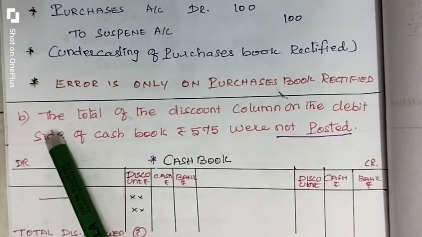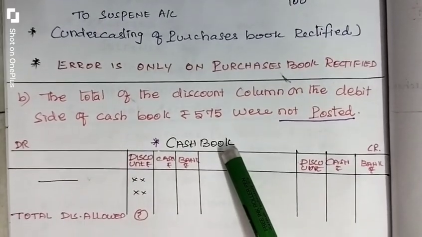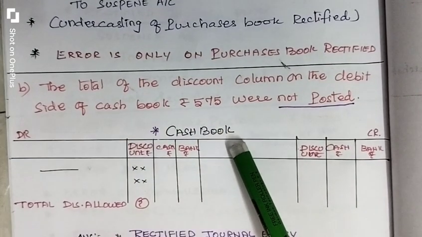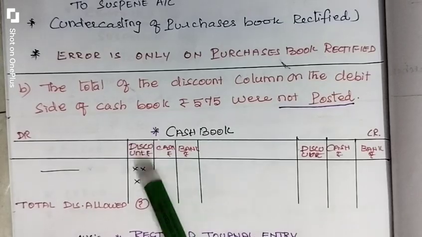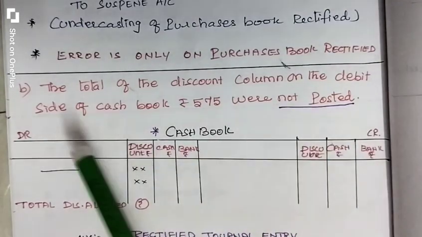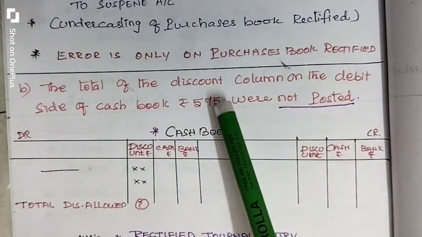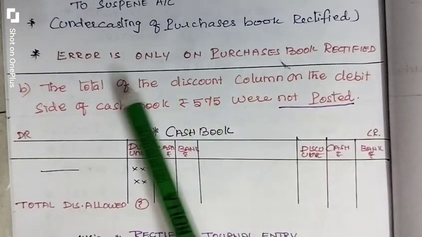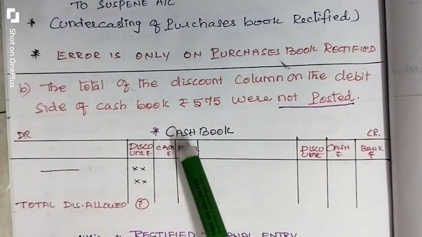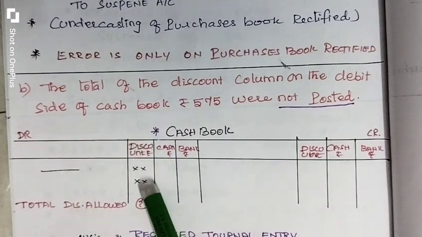Discount column on debit side of the cash book.